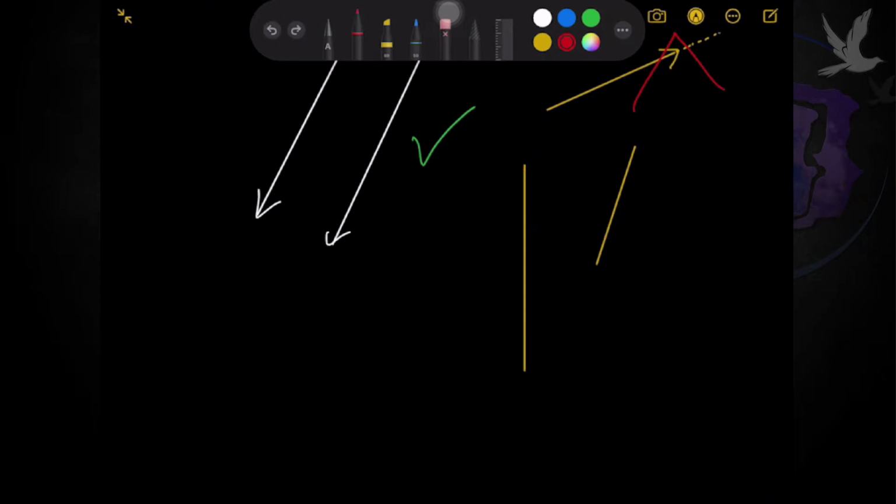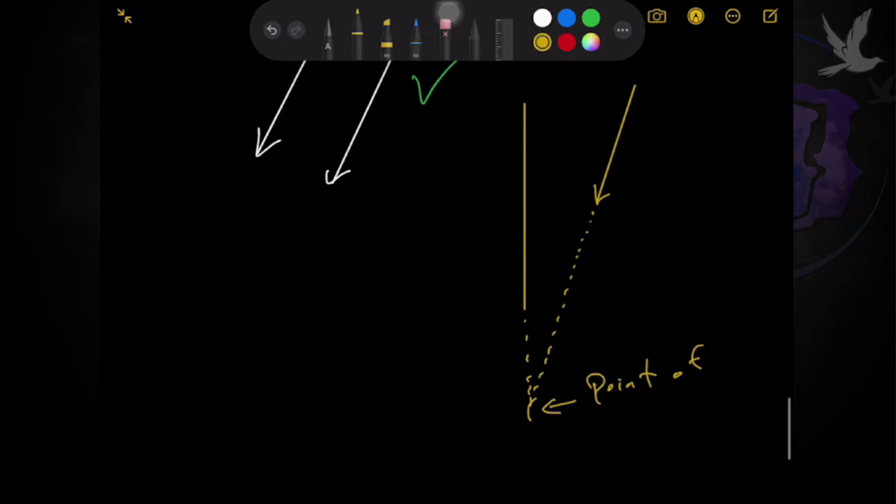Why? Because if you're going to extend lines, at some point, they are going to intersect. Point of intersection natin. So, hindi pwede. This cannot be considered.